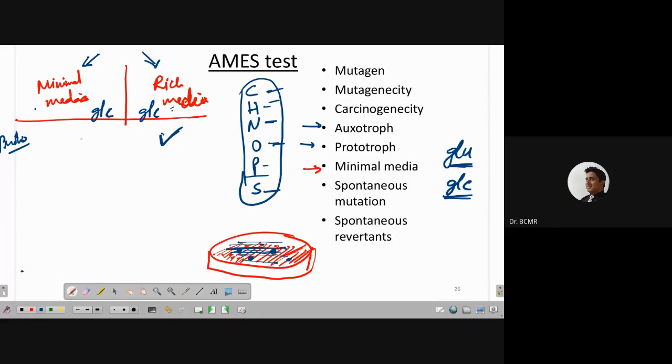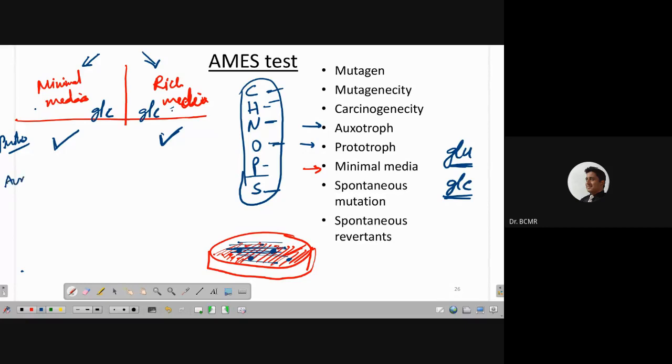But if you give minimal medium, because the prototroph has the capacity, it's something like you give the ingredients to make a breakfast. It has to prepare everything and put on the dosa or idli, whatever, and then make it and consume it. Prototrophs have the energy, capacity, and genes mostly to do that, so they can grow on minimal medium as well.